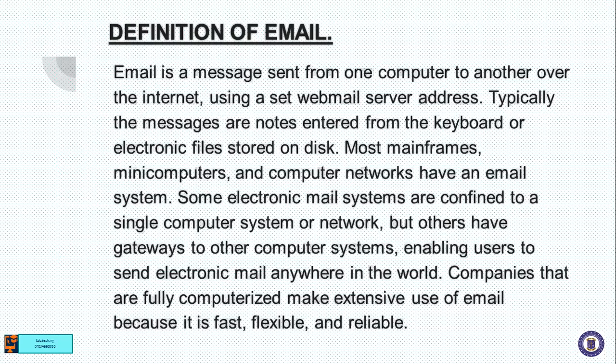You can send one body of a message to different people. And it is also reliable. Once it is sent, immediately it will get to the email of the recipient. Is that clear?